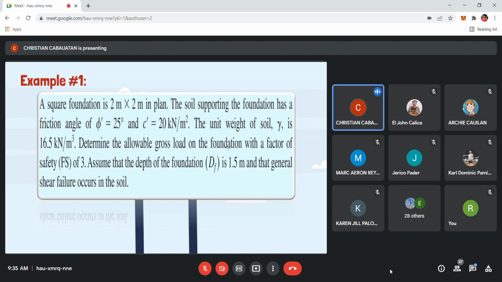So, ano ang ating hanapin dito? It is the allowable gross load. Tama ba? Or the net allowable load.